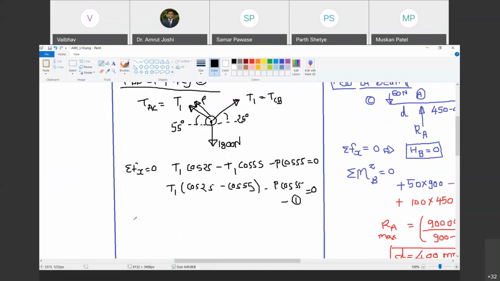What is equation number 2? Summation Fy equal to 0. Minus 1800 plus T1 sin 25 plus T1 sin 55 plus P sin 55.